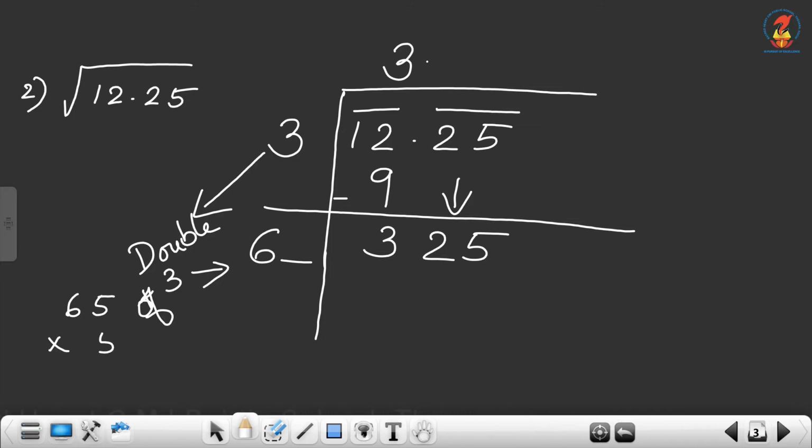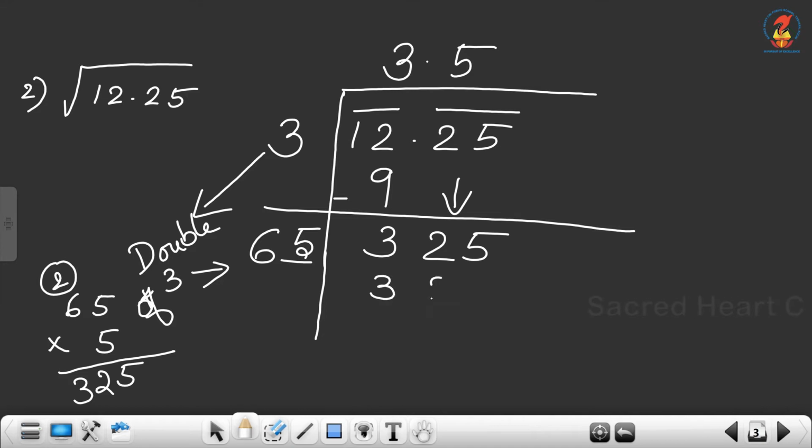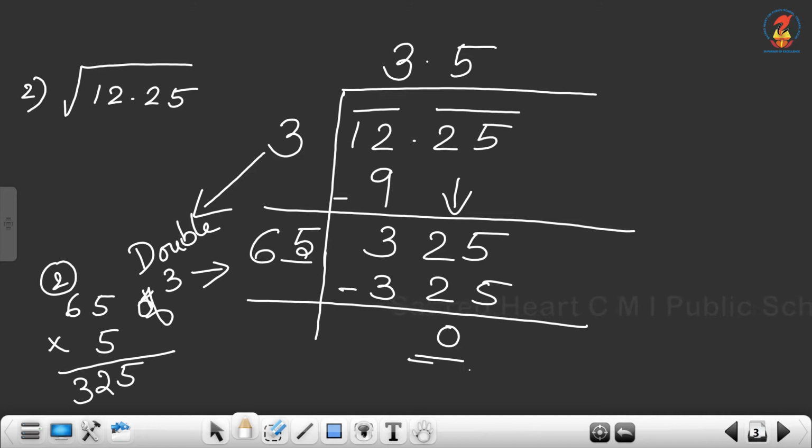So 65 should be multiplied with 5. 5 5s are 25. 2 is the carry over. 6 5s are 30. 30 plus 2, 32. So we can write 5 here. So this 5 will come in the quotient also. 65 into 5, 325. Therefore, square root of 12.25 is equal to 3.5.